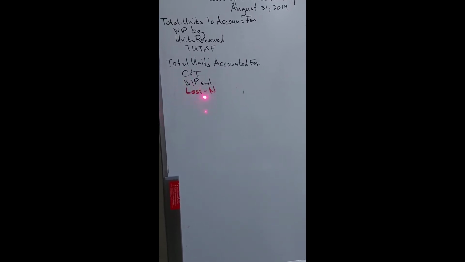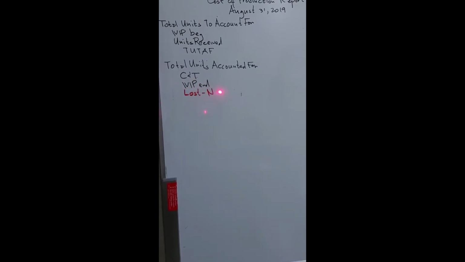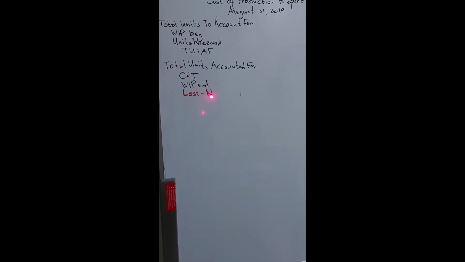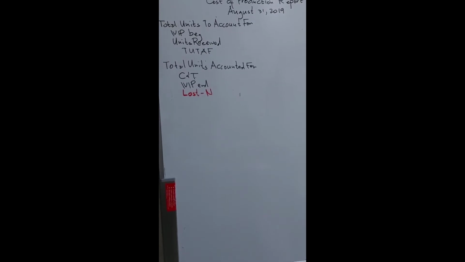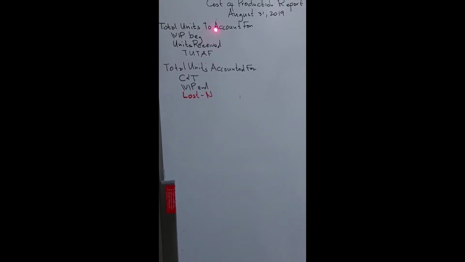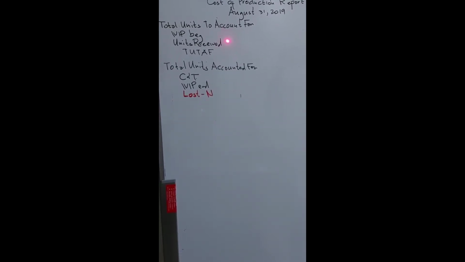So since yung first problem ay normal daw, kaya N. Kapag abnormal, A na lang. Okay? So madadagdag dito ng loss units natin. So pag nilagay natin yung units dito sa example problem natin, ilalagay ko lang.